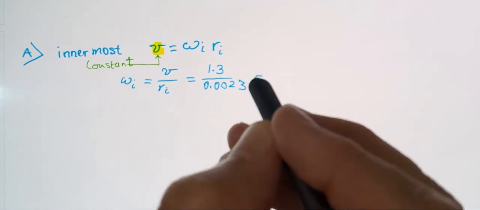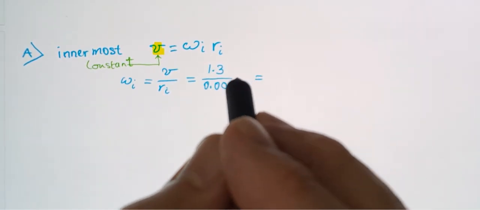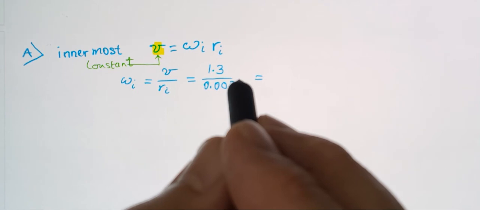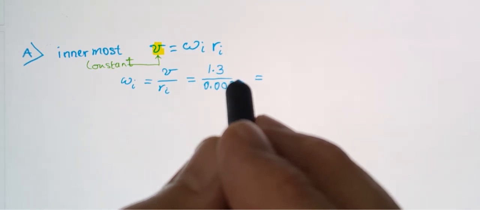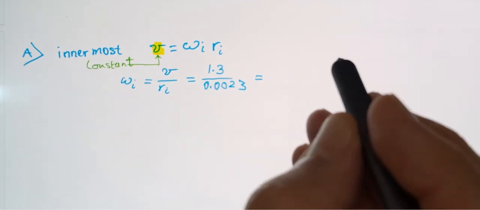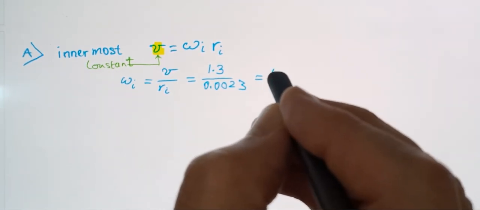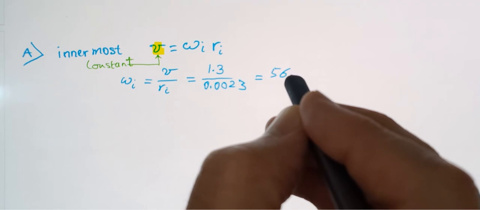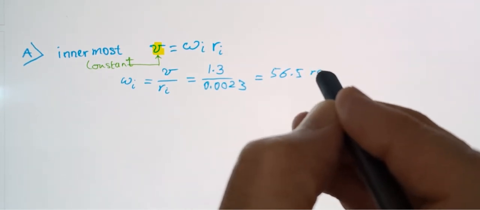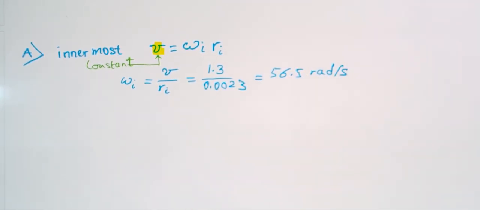And what is this value? If you use a calculator, it is 56.5 radian per second.